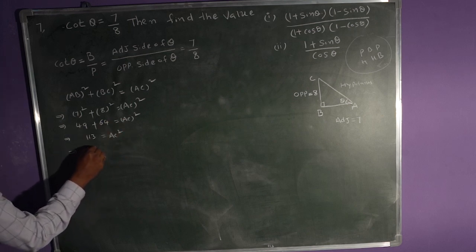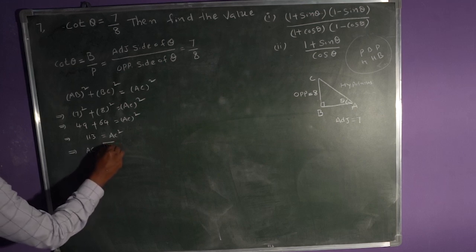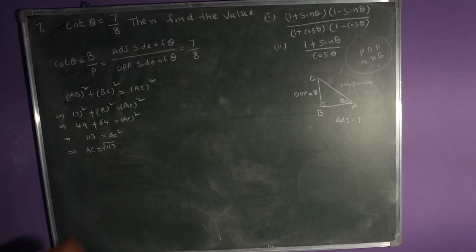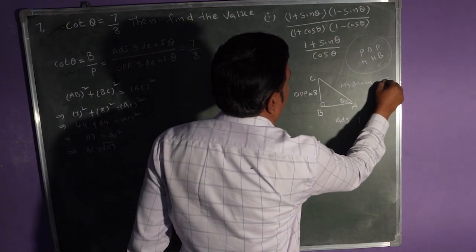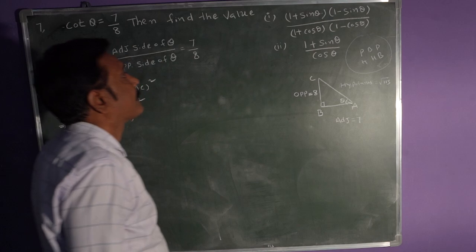This implies AC is equal to root of 113. Okay, the hypotenuse is root of 113.